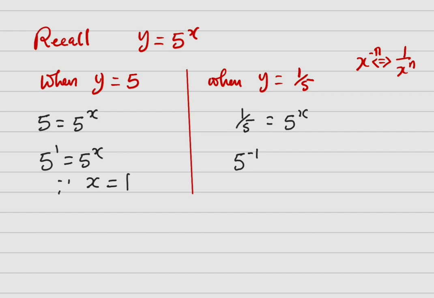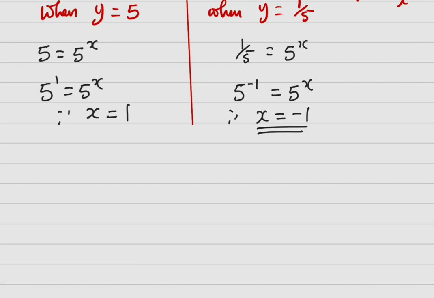That is exactly what I used. So therefore, this is going to be 5 raised to the power x. Hence, in this case, my x is equals to minus 1, because if the bases are the same, the powers must be the same. So my final answer is x is equals to 1 and x is equals to minus 1, right? So these are the whole number answers and these are the real answers.